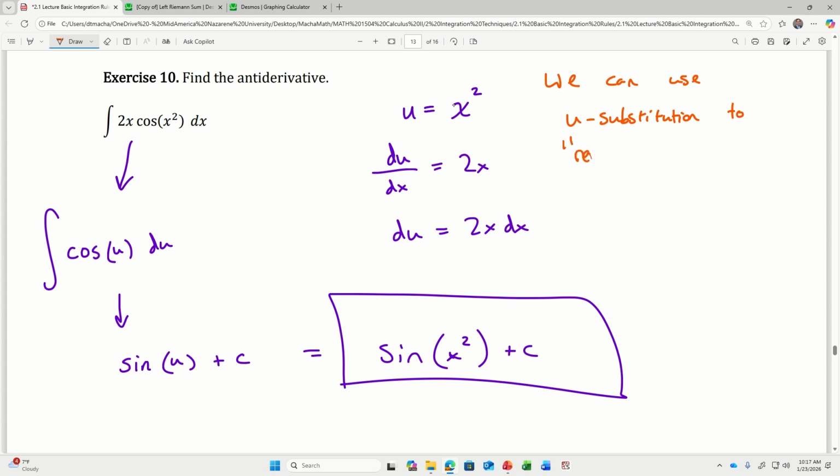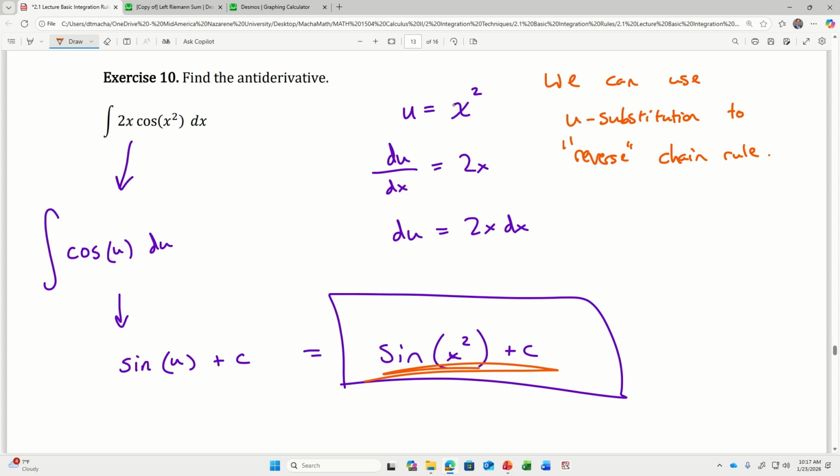So in this sense, we can use U substitution to reverse the derivative chain rule. If I was going to take the derivative of sine x squared, it would require the derivative chain rule. And this type of U substitution works especially well when the integrand looks like a derivative somebody found with the derivative chain rule, right?